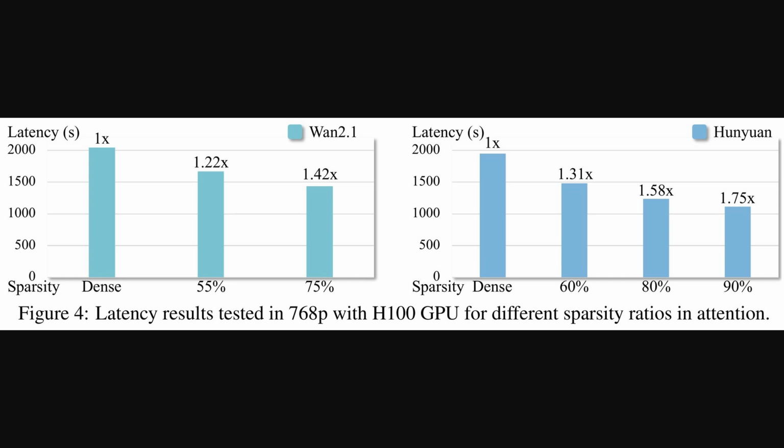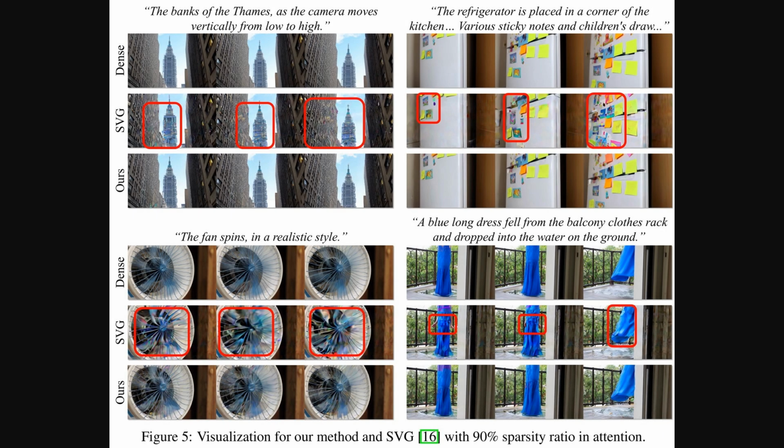As you'd expect, the more you skip, the faster it gets. For the Hunyuan model, a 90% sparsity ratio results in a 1.75 times speedup, a massive gain, all without any retraining.